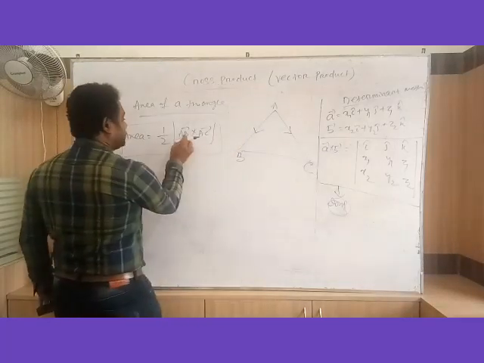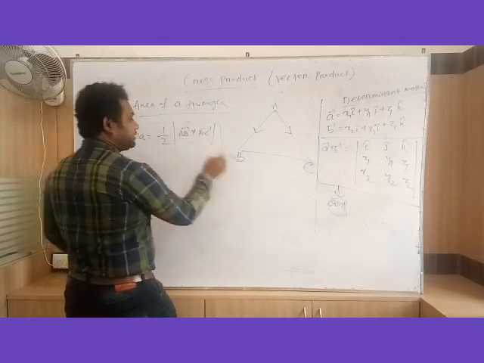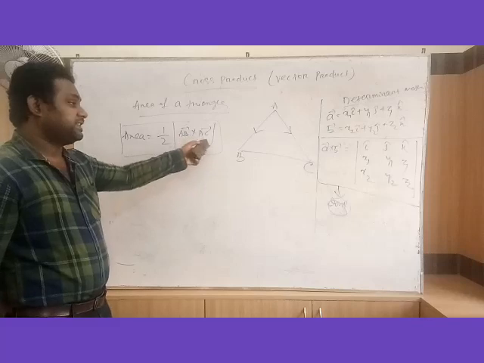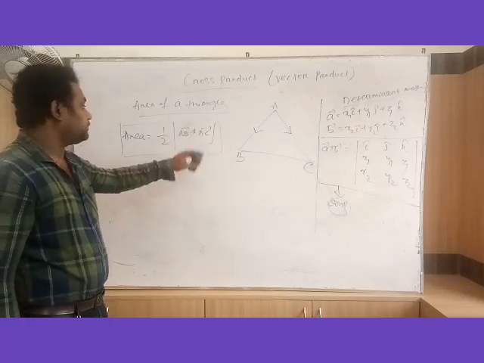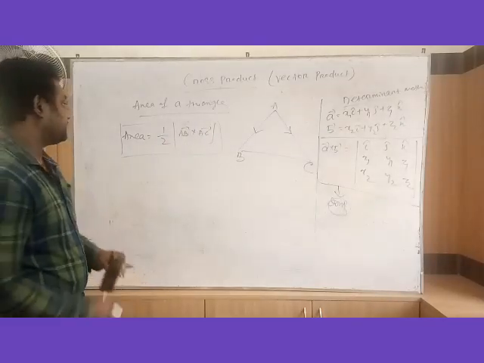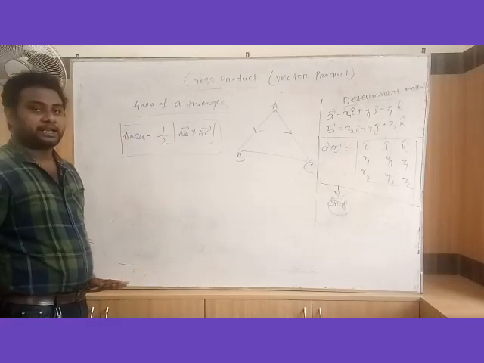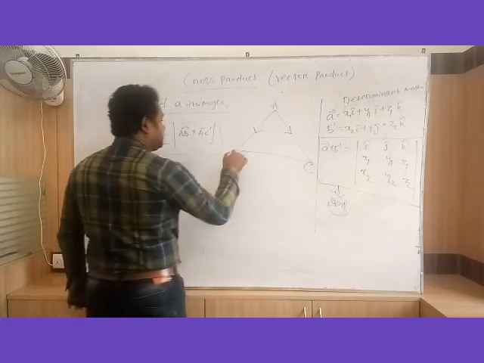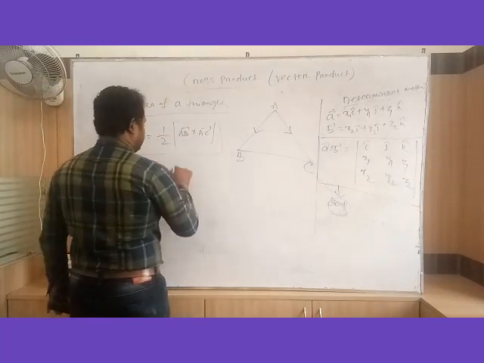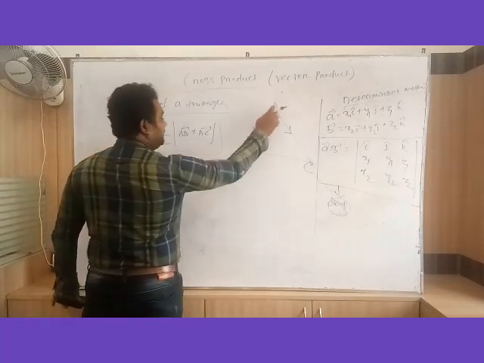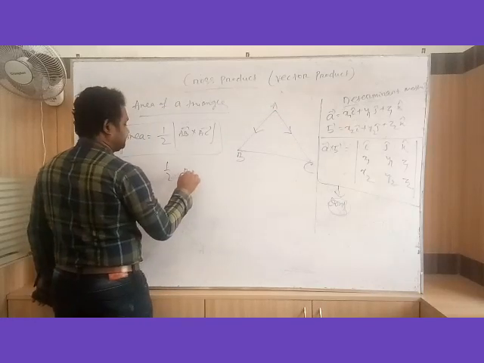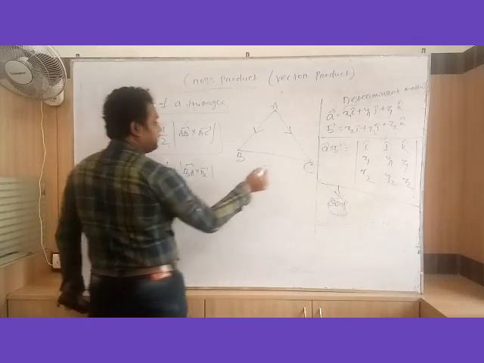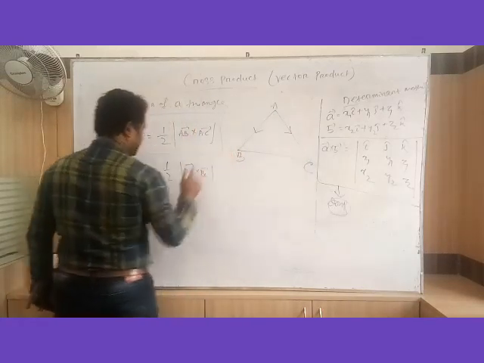When you get AB vector and AC vector, put them in the formula and find AB cross AC, then find the magnitude, and you will get the area of the triangle. Then you can also take half of BA cross BC, or half of CA cross CB.